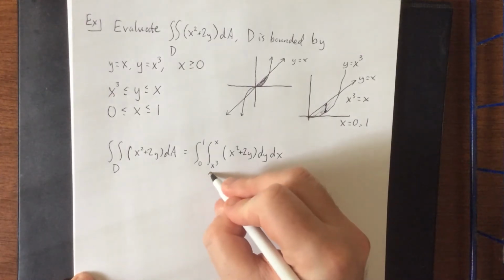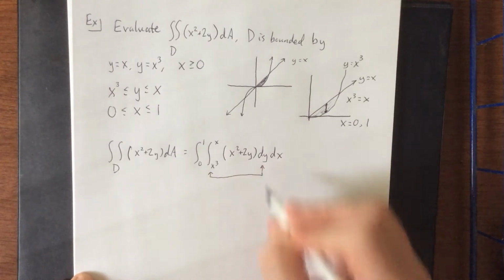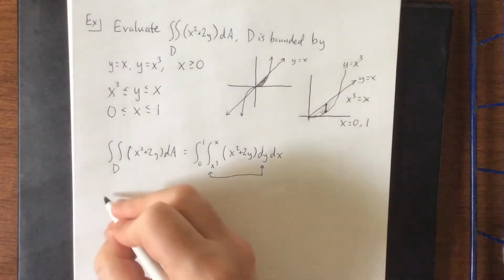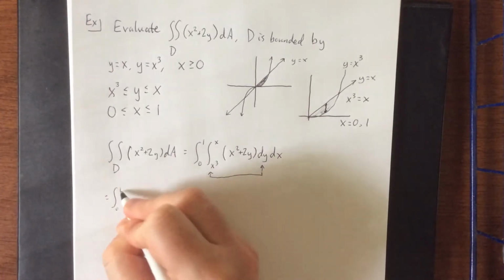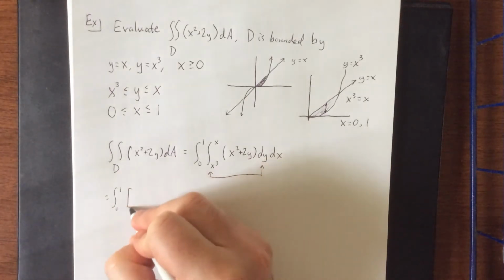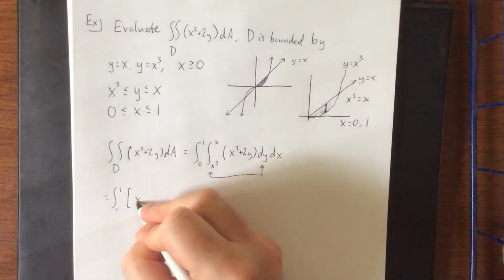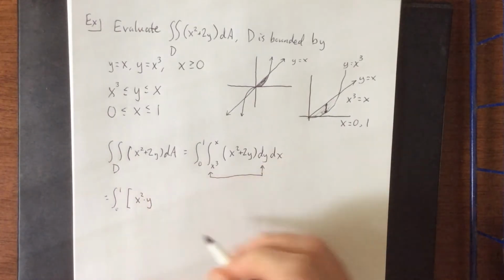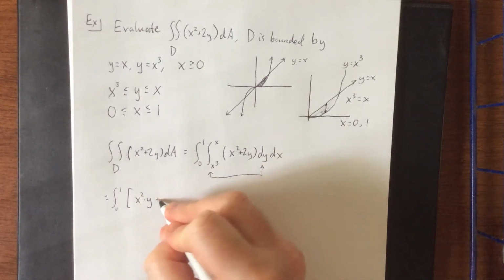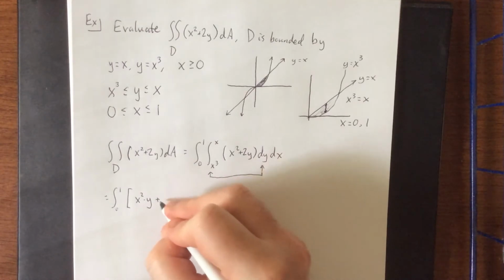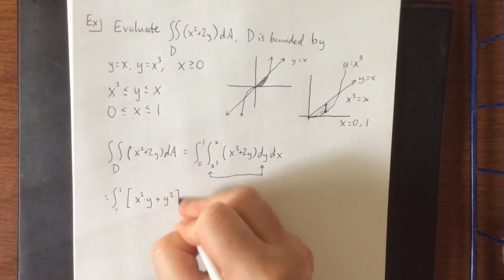Now, to actually evaluate this thing, we'll start by integrating with respect to y. Integrating with respect to y, x squared is a constant. The integral with respect to y will be that constant times y, plus the integral of 2y with respect to y, which will be y squared.